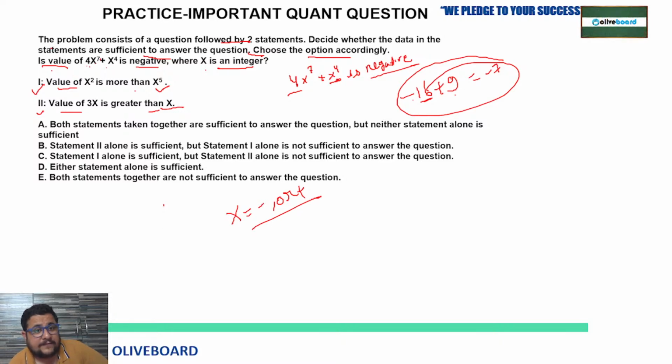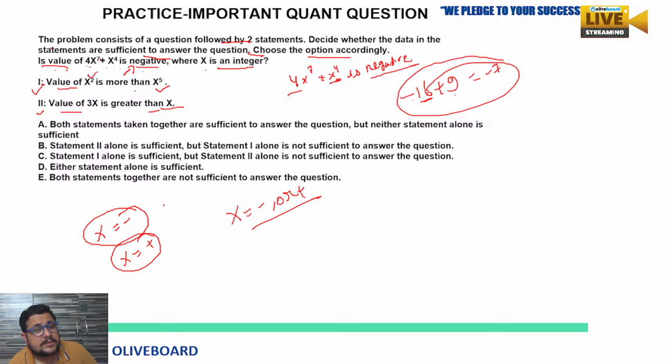But if x is negative, then the value of 4x to the power 7 plus x to the power 4 is going to be negative. If x is positive, then this is going to be positive.